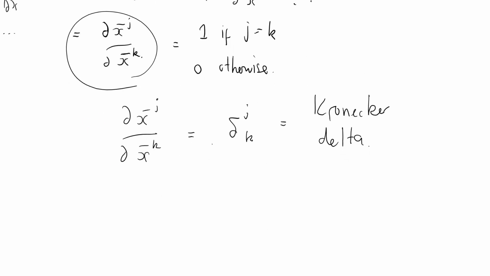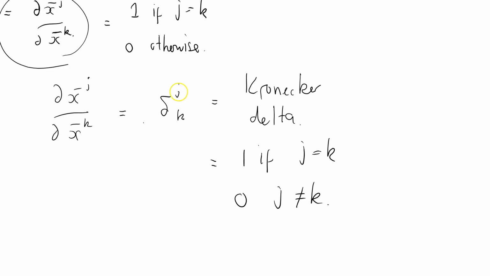Kronecker, very famous mathematician, equals 1 if j equals k, 0 if j is not equal to k. So if you take that as the row and column of a matrix, it's just the identity matrix. So that's the way of expressing it.